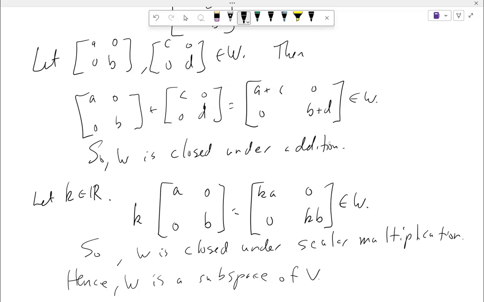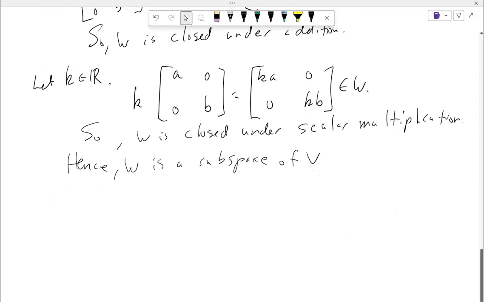All right. Let's look at 2, where it says V is the set of all continuous functions on the interval AB. The notation for that is we use a capital C for continuous, and then the interval notation AB to say that it's continuous on that interval.